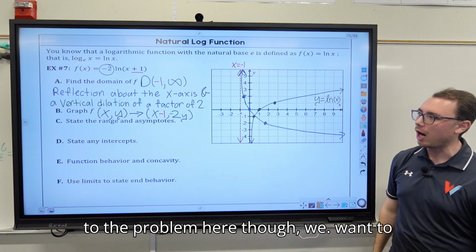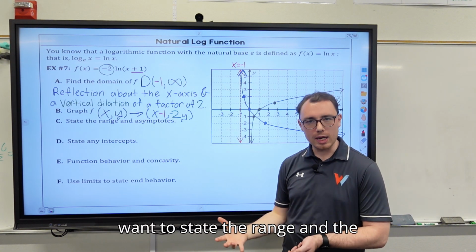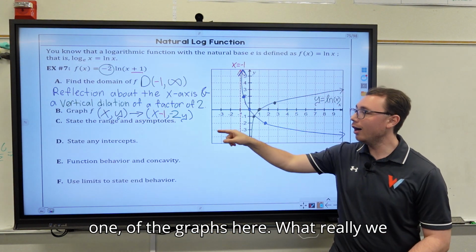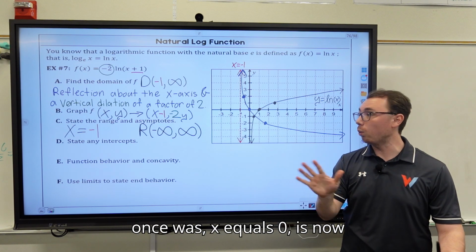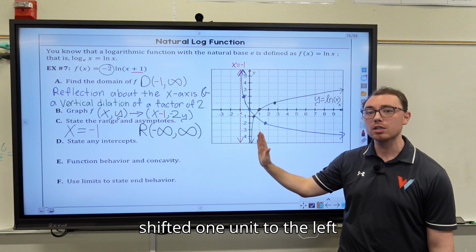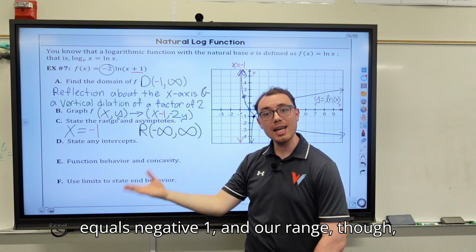Really, to go back to the problem here, we want to take a look at part C. For part C, we want to state the range and the asymptotes, if there are any. There is one. What we're going to describe for that asymptote is that it once was x equals 0, and is now shifted 1 unit to the left. It's now x equals negative 1.